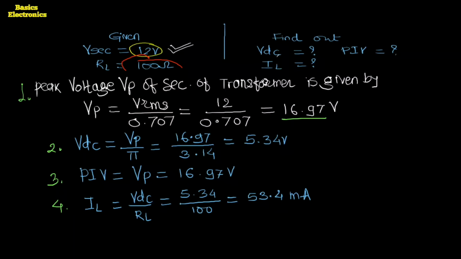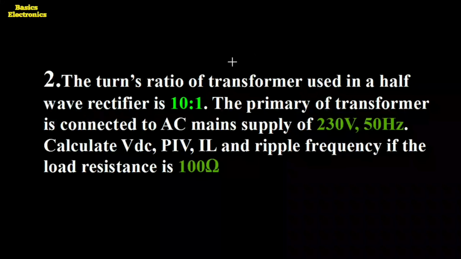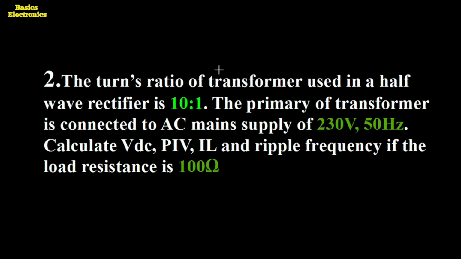If we read the last example, in this last example the direct secondary voltage is given, but in this example the secondary voltage is not given. The turns ratio of the transformer is given, and by using this turns ratio and the primary voltage, we have to calculate the secondary voltage.